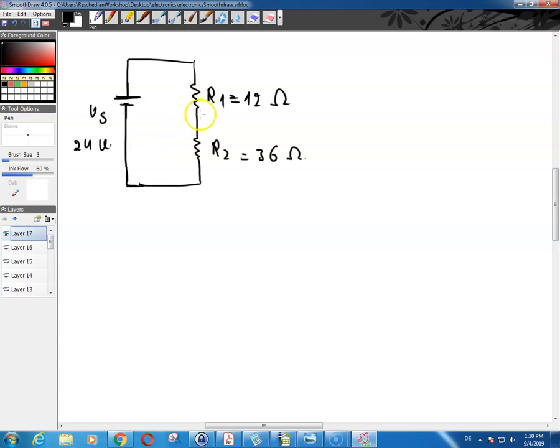Of course, if you add the power dissipated by R1 and the power dissipated by R2 together, that must be equal to the power delivered by the source. For the power delivered by the source, we said that P is equal to V times I.